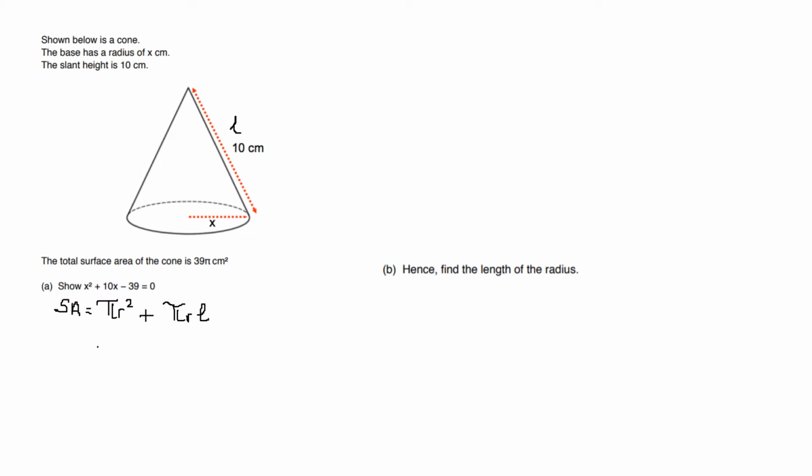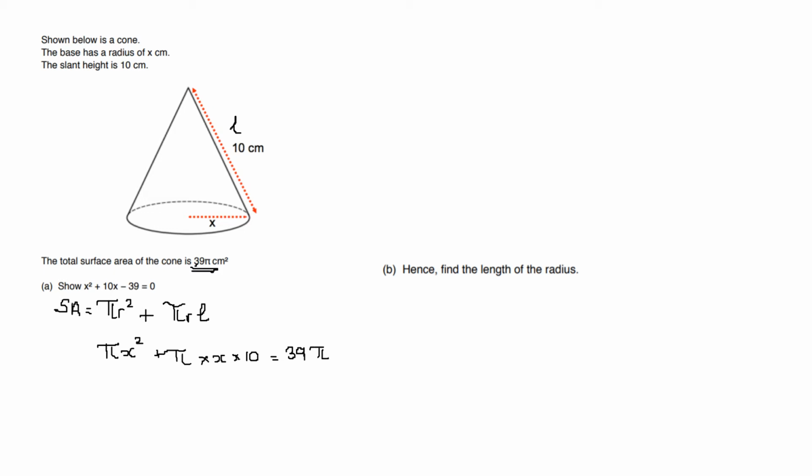So we've got pi times radius squared, which will be x squared, plus pi times radius, which is x, times 10. And that's equal to 39 pi, which is the surface area that we're given here.